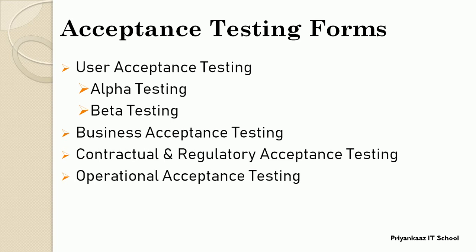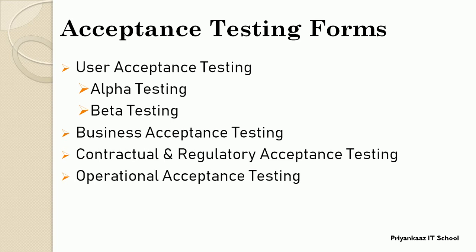So operational acceptance testing assures product stability before it is released to production, and it is performed by the operational team and independent testers. These are the forms that happen internally by some special team, I can say the testing team, independent testers, developers, and again the customer.